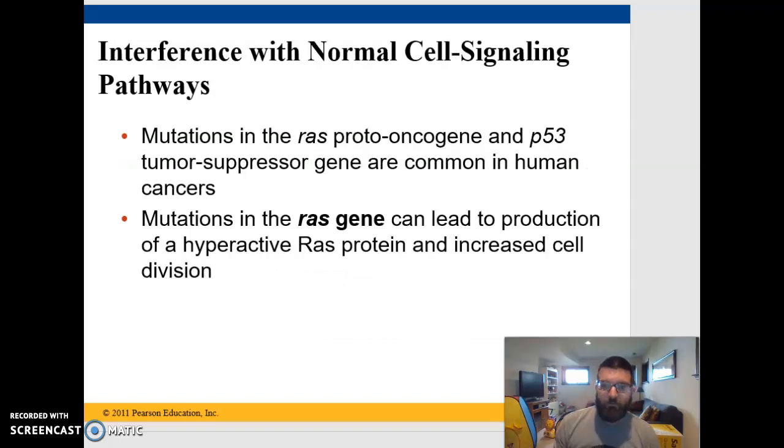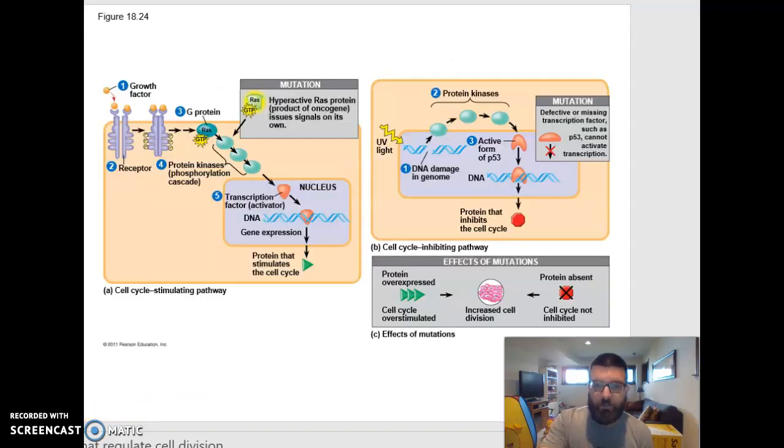One common proto-oncogene is the ROS gene. And the ROS gene can become an oncogene with certain mutations. P53 is a very common tumor suppressor gene that, again, with certain mutations, if that P53 changes, that can cut the brakes and keep you from inhibiting the cell cycle in inappropriate times. And both of those things can lead to increased cell division.